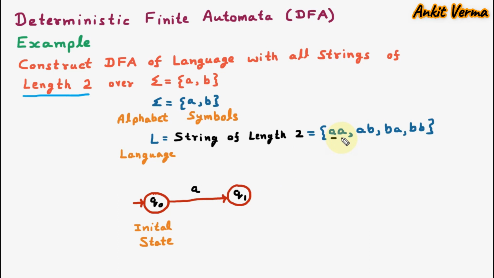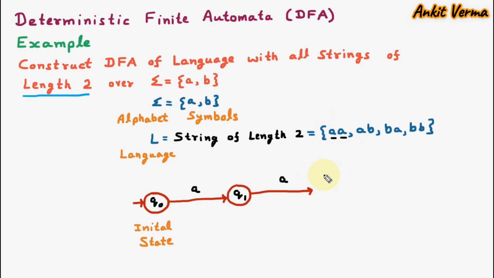Now for the next A, the state will change again. We are on Q1 and the next A is coming, so the DFA goes to the next state. Now we check: after scanning the next A, is the string accepted? Yes, the string will be accepted because after AA we should accept it.